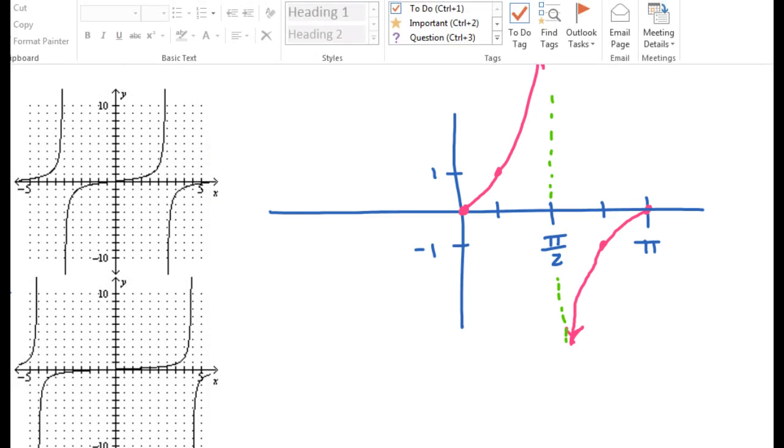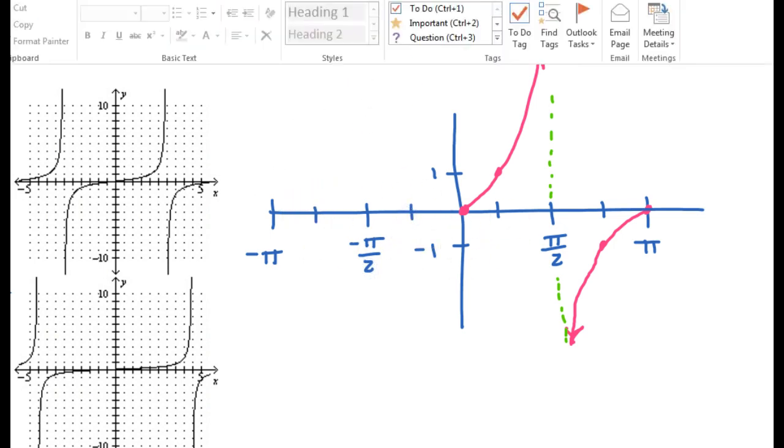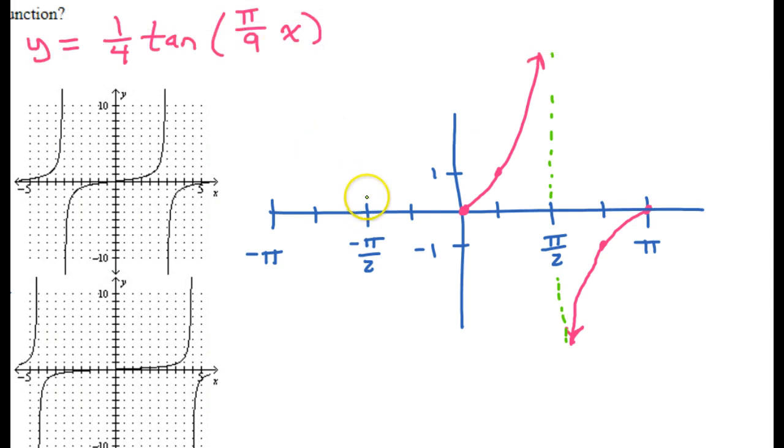Now, I'm going to go ahead and make another period of it. So that would make this negative pi. And right here we'd have negative pi over 2. I'll put an extra couple marks here and here. So it's just going to be the same thing repeated. Again, there should be an asymptote right here in the middle of the period.